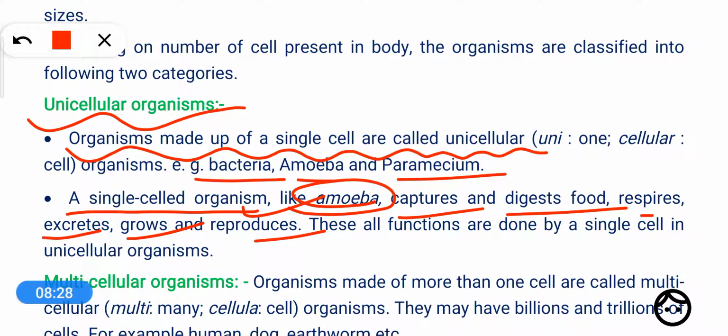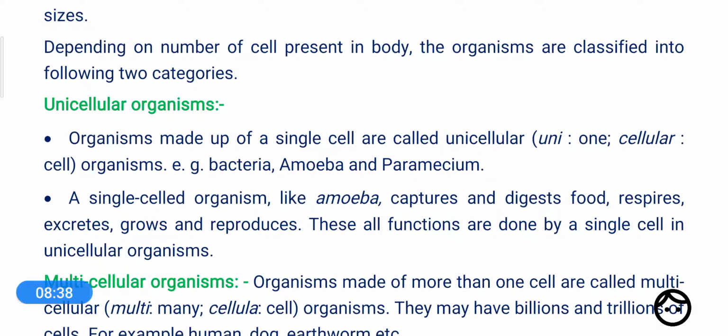Actually, a single cell can perform all those functions which are required to remain living, which are required for life. So here you can see that amoeba, which is a unicellular organism, can perform all of its functions like capturing of food, digesting of food, respiration, excretion, growth, and reproduction.